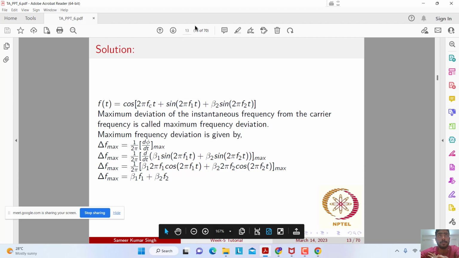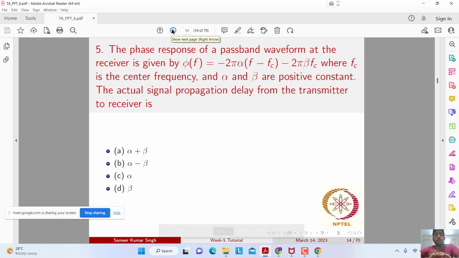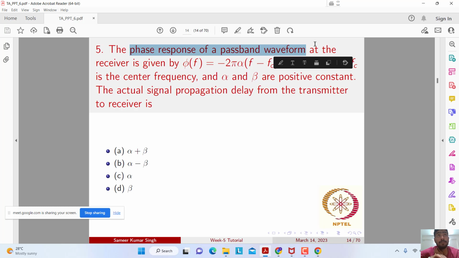Okay, so that is question number 5. The phase response of a passband waveform at the receiver is given as phi f equal to minus 2 pi alpha f minus fc minus 2 pi beta fc, where fc is the center frequency and alpha and beta are positive constants.